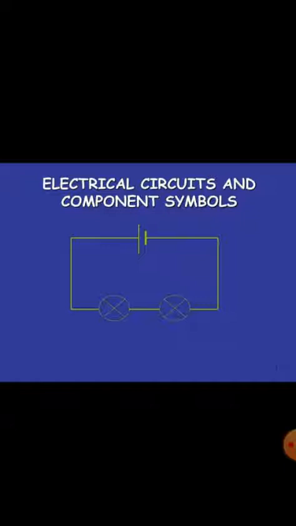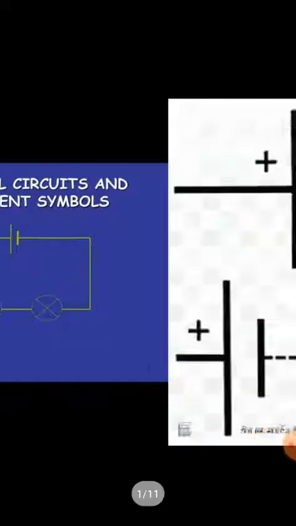Definitely not. So we have some symbols which are used for various electrical components which are easy to draw. Today we are going to learn the symbols of various electrical components and also the purpose of using them in a circuit.